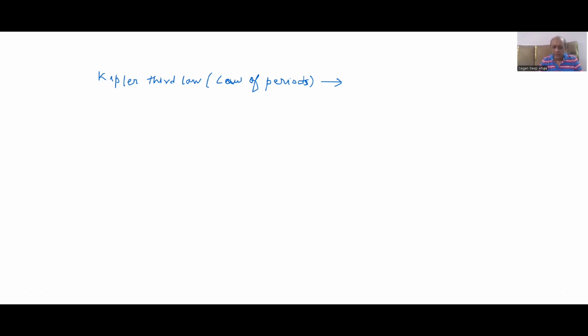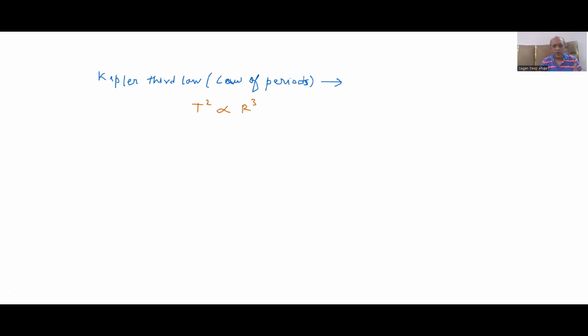He found that the square of the time period of revolution of all the planets is directly proportional to the cube of the semi-major axis of the elliptical orbit. So this is our Kepler third law.